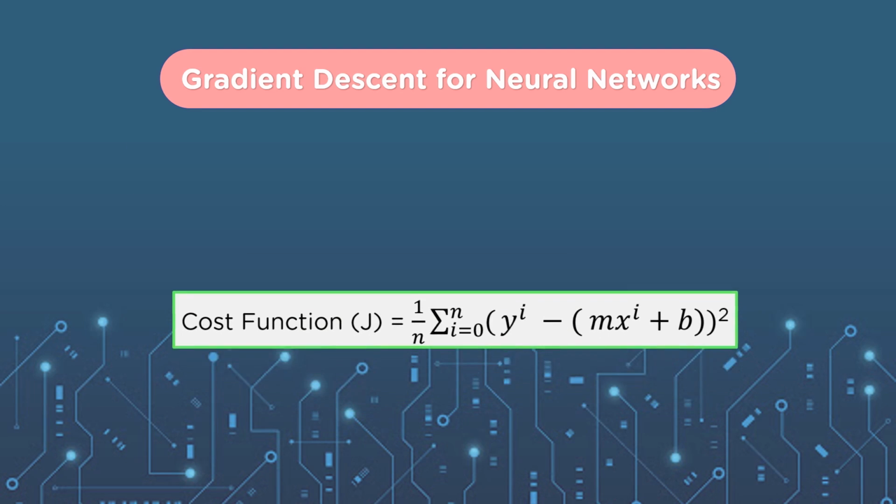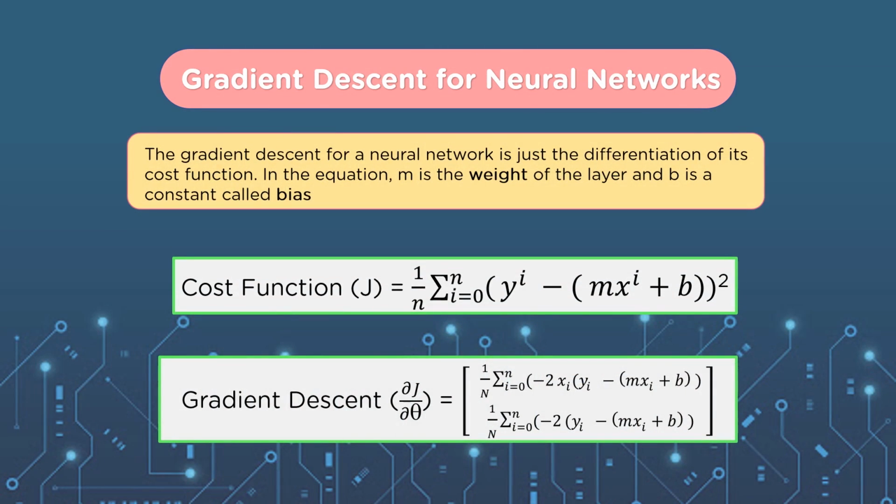The gradient descent for a neural network is just the differentiation of its cost function. In the equation, m is the weight of the layer and b is a constant called bias. You'll see that a lot because in a neural network, each node will have all the nodes from above going into it.